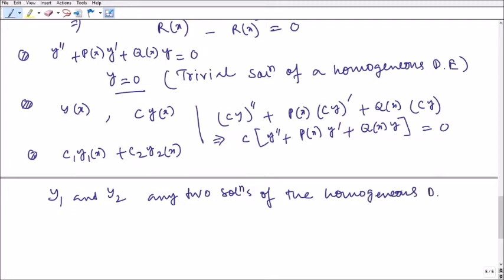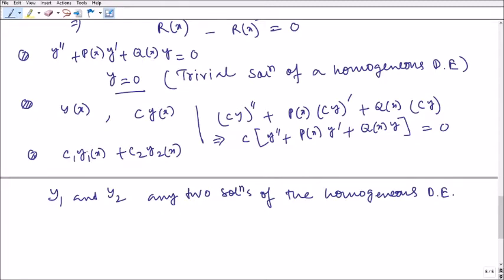Then we have to prove that c1 y1 plus c2 y2 is also a solution. If this is a solution, then the differential equation will be satisfied, so we have to replace y with this term.